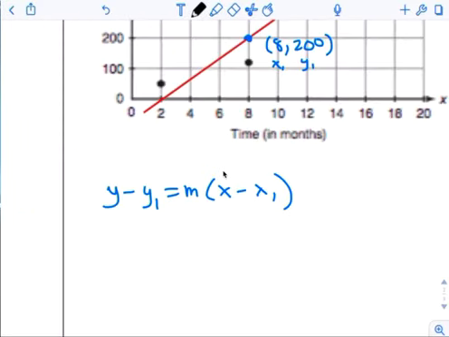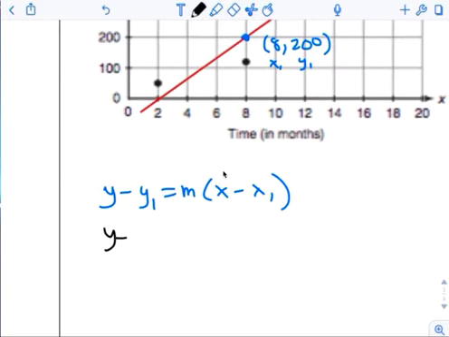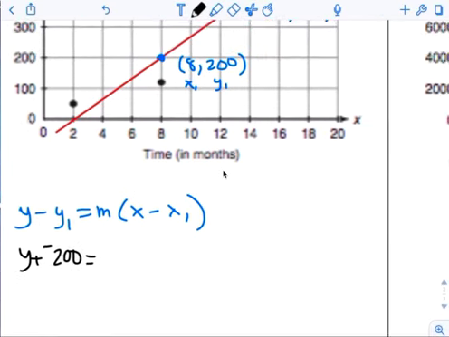So you get y minus y sub 1, which is 200, equals m. We don't know m. Let's find the rate of change, or slope. Y sub 2 minus y sub 1 over x sub 2 minus x sub 1.